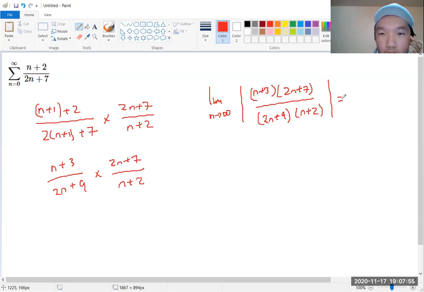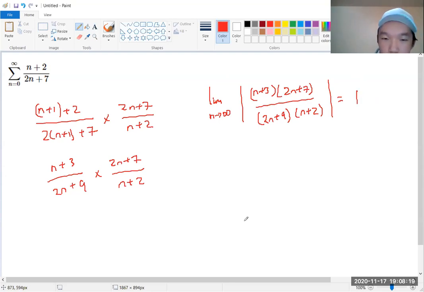Okay, what's the limit here? Can you guys see it? Yeah, so because the degrees are the same, you just take the leading coefficients. In this case, it would be 2 over 2, so that would be 1.